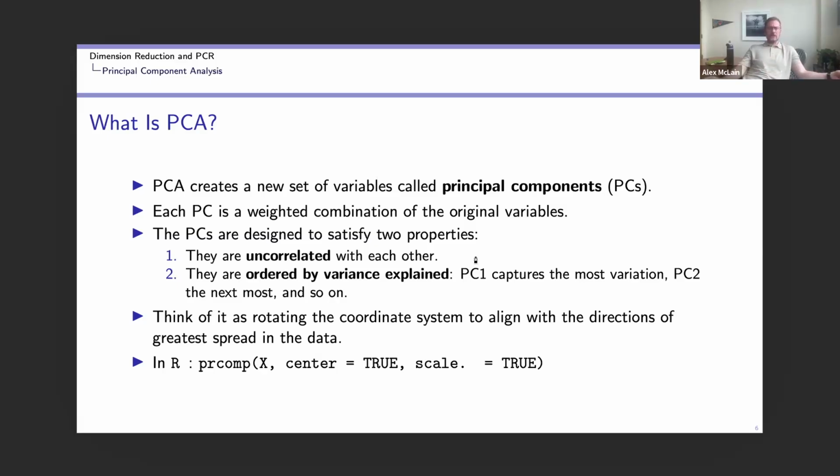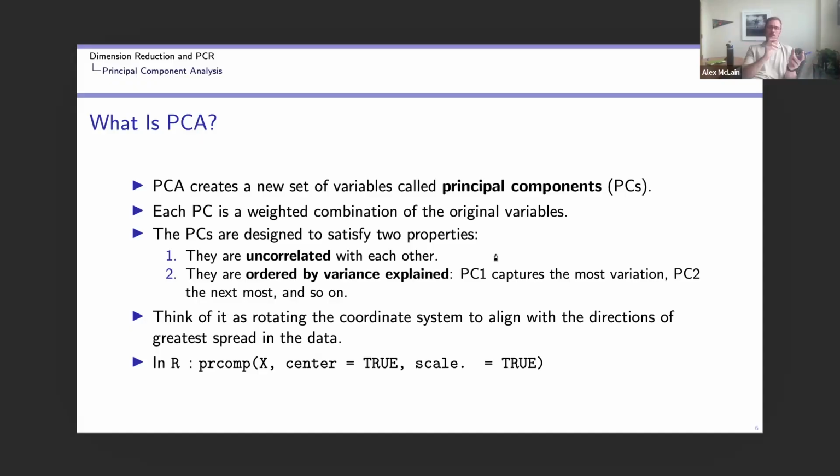The second one, they are ordered by how much variance they explain. The first principal component captures as much variability as it can. The second principal component captures as much variability as it can while its correlation is exactly equal to 0 with the first principal component.